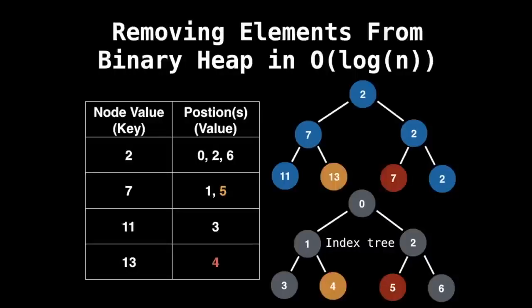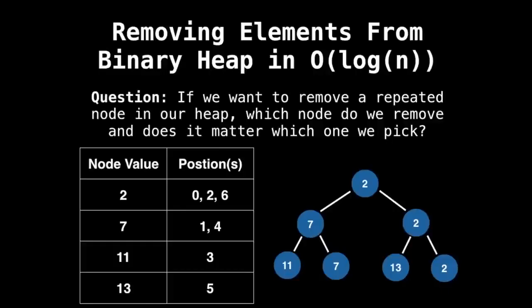And this is what happens when we do a swap. We do a swap in the tree, but also in the table. And that's it. Okay, so this all sounds great. We keep track of repeated values by maintaining a set of indices a particular node with a particular value is found at. But now let's ask a further question.